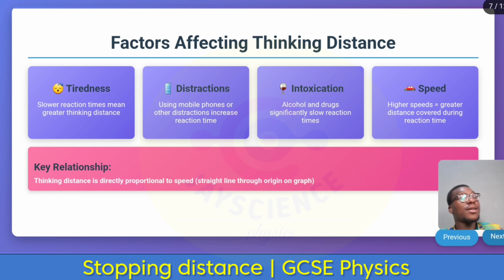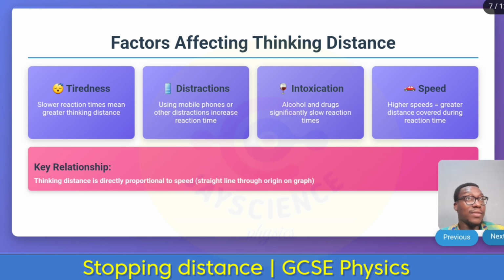Three, you have intoxication. Don't drink while driving. Don't drive while drinking. So consuming a lot of alcohol and drugs as well. Drugs is also one of the real issues of accidents, because the person's judgment will be affected, which in turn will affect the person's reaction time.